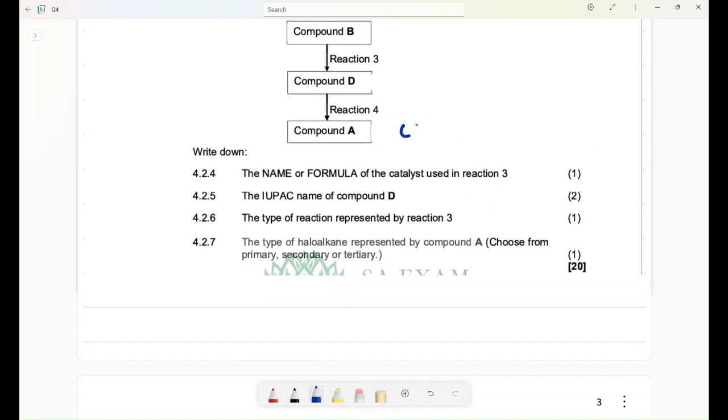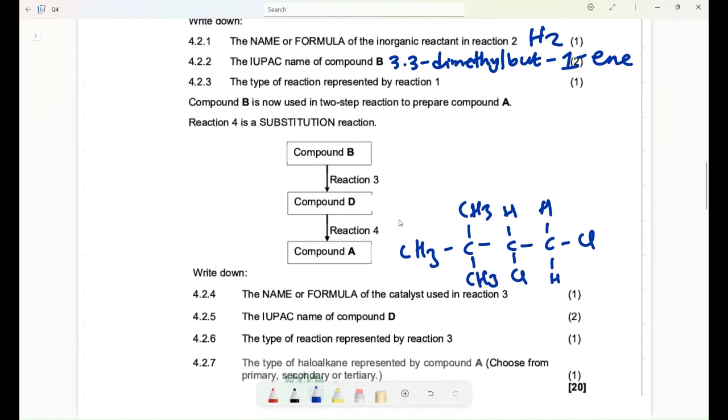So it will be something like CH3, CH3, CH3, C, H, Cl. I'm just replacing with Cl. I'm not sure if it is Cl or what, okay? Now, they tell us reaction 4 is a substitution reaction. So now, we can substitute what? From reaction D to this one.